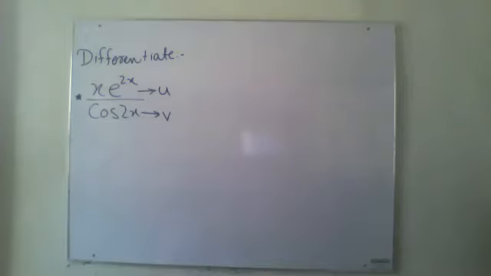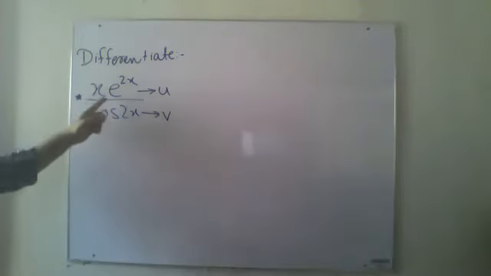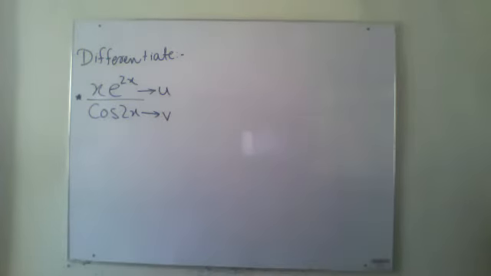That's the easy part. So originally we were writing the differential directly into the formula, but over here I am seeing that in the numerator I have got a product of x and e to the power 2x, which cannot be simplified together.